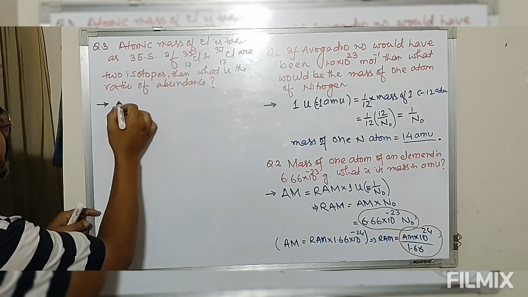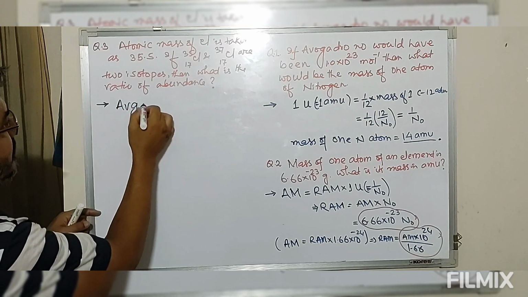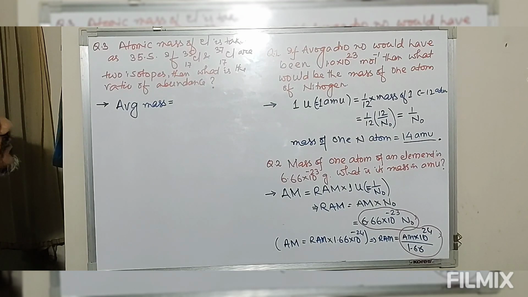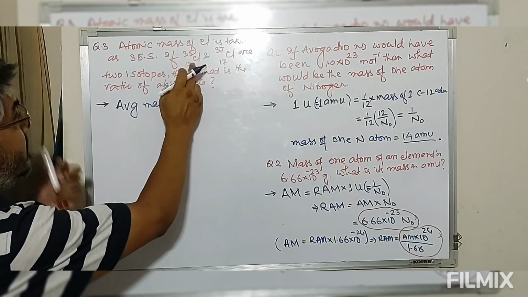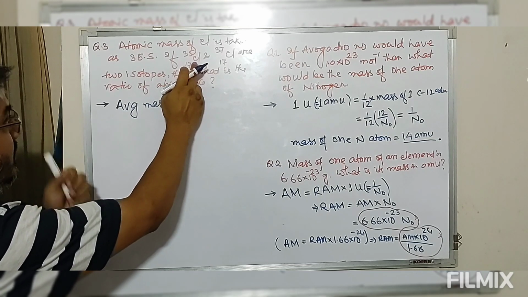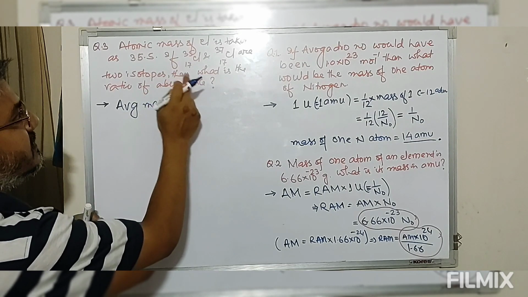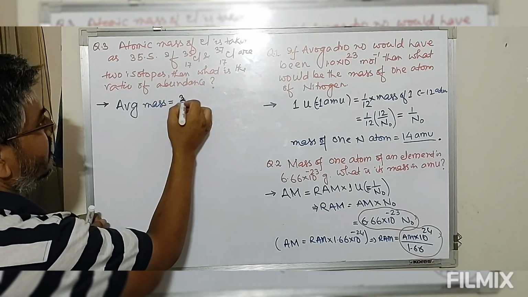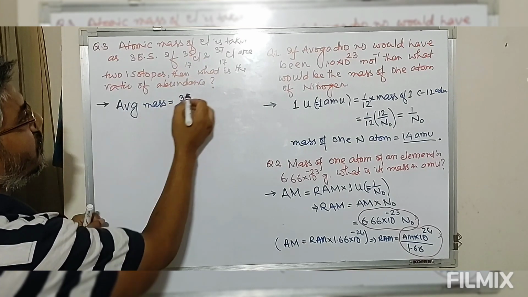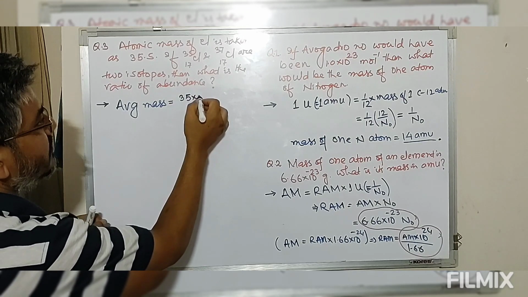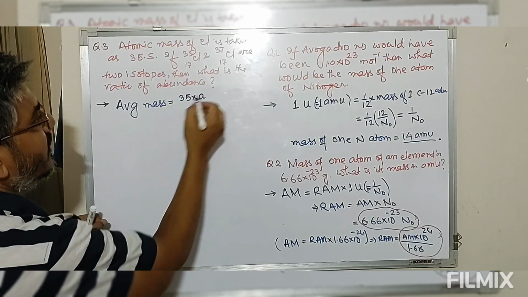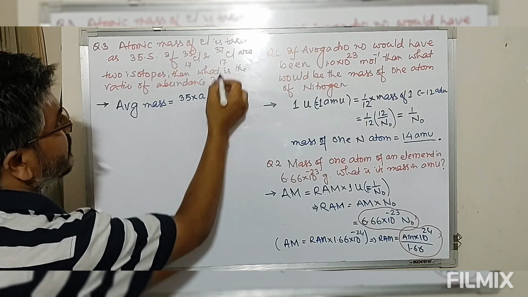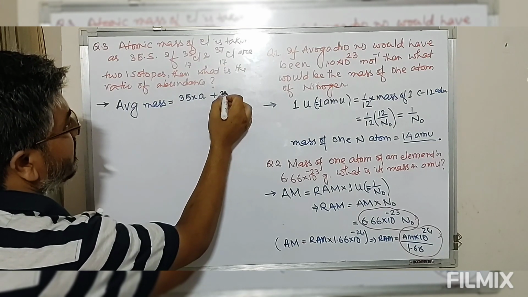So we have this relationship: average mass is equal to isotopic mass of chlorine 35, which is 35, into its abundance. Let's suppose this abundance is A, plus isotopic mass of 37, which is 37.